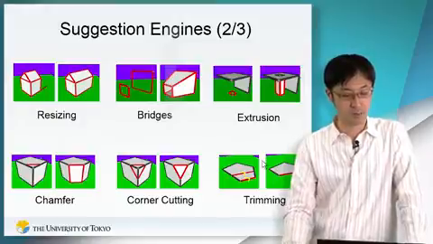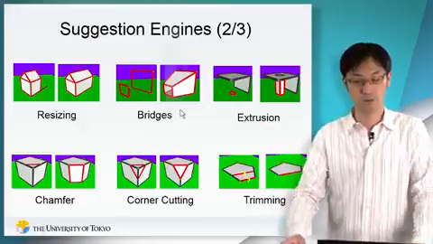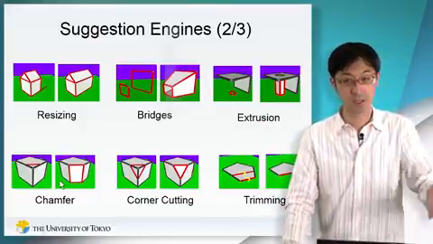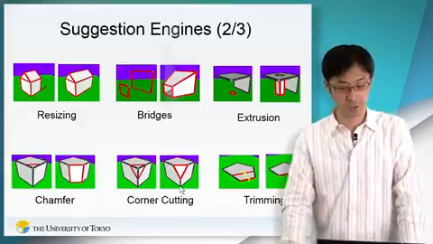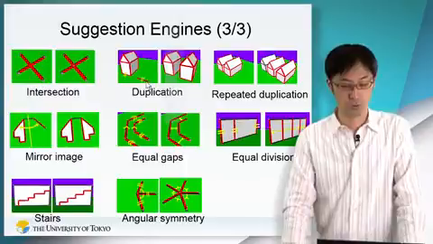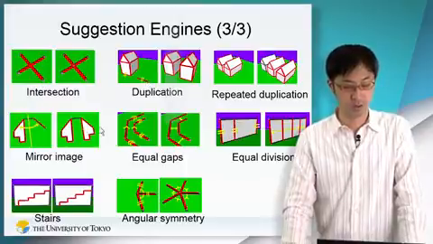And these are advanced ones like resizing or bridges, connecting two polygons, and extrusion, and this is cutting out, and also corner cutting and trimming, and intersection, duplication, repetition, mirror image, and so on.